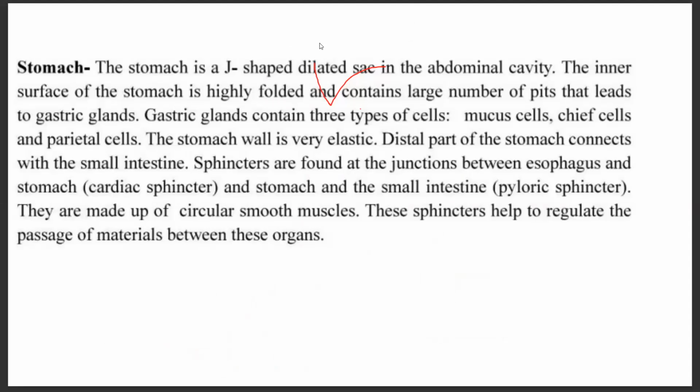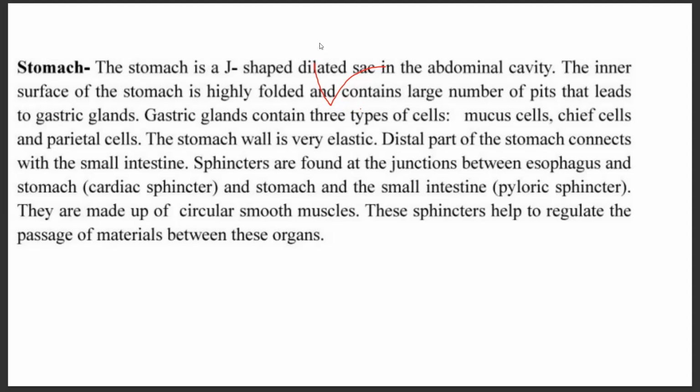Stomach is a J-shaped dilated sac in the abdominal cavity. The inner surface of the stomach is highly folded and contains a large number of pits that lead to the gastric glands. Gastric glands contain 3 types of cells: mucus cells, chief cells and parietal cells. The stomach wall is very elastic.